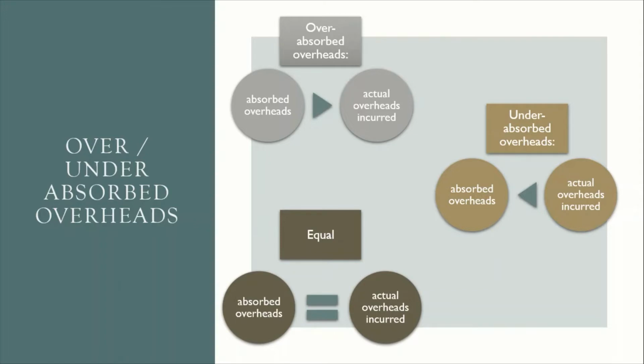This is the same as in chapter 4. Over is when the budgeted is bigger than the actual. Under is when the budgeted is smaller than the actual, while equal, as stated by the name, budgeted equals actual. Okay, you have to remember this. Don't confuse. It is the same as chapter 4.